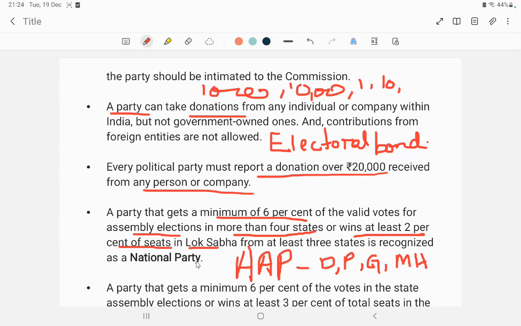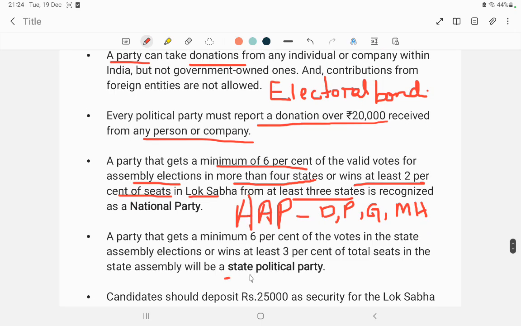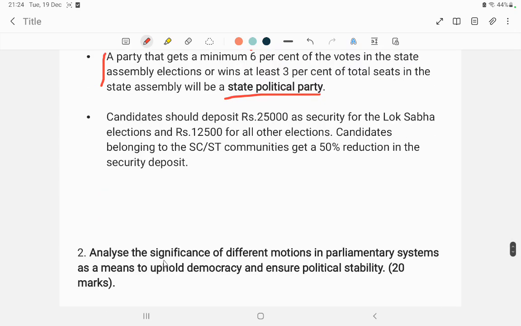So there should be at least 2% seats in Lok Sabha, with Aam Aadmi Party representatives from at least 3 states. And for state political parties, these are the criteria. And candidates should deposit rupees 25,000 as security for Lok Sabha election and 12,500 for other elections.